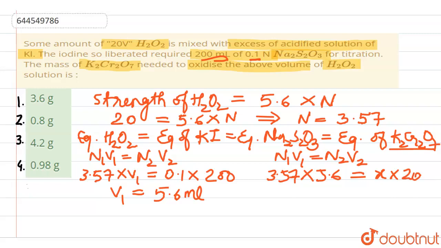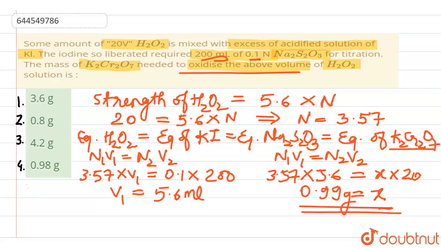When we calculate this, the mass of K2Cr2O7 needed for the oxidation of the above volume of H2O2 will be 0.99 grams. This could be rounded off, and we can say it is the fourth option, 0.98 grams.